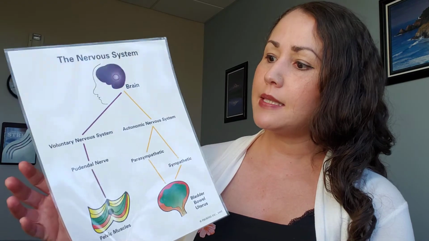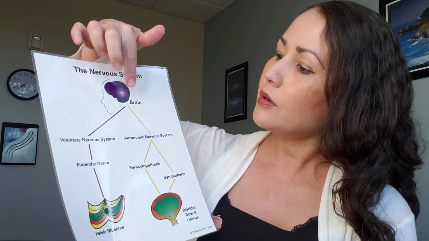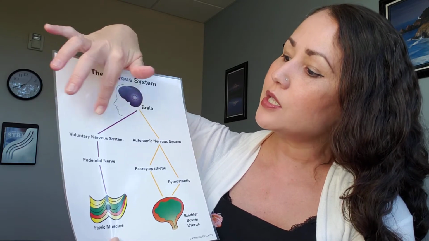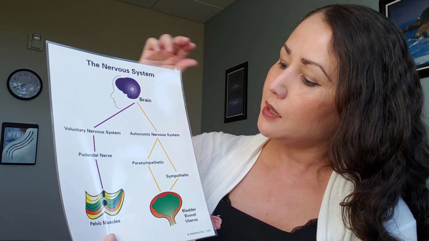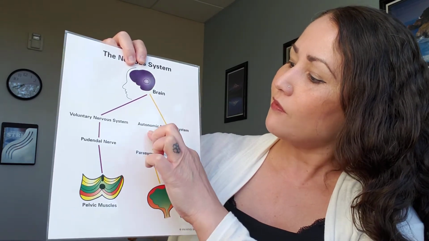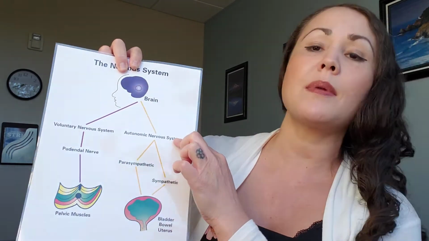Okay, so going back to this diagram, the other side of this picture is talking about the voluntary nervous system. So when I was speaking about the parasympathetic system and the sympathetic system, that falls underneath the autonomic nervous system. And the autonomic nervous system is what I always refer to as the automatic nervous system.